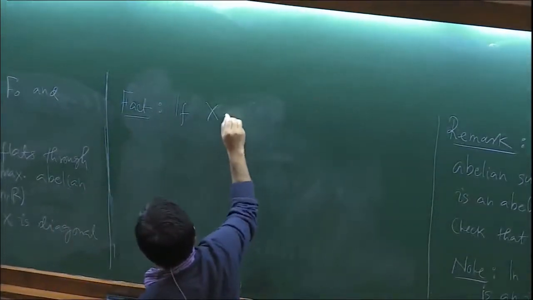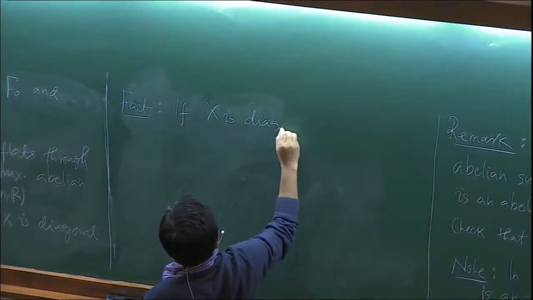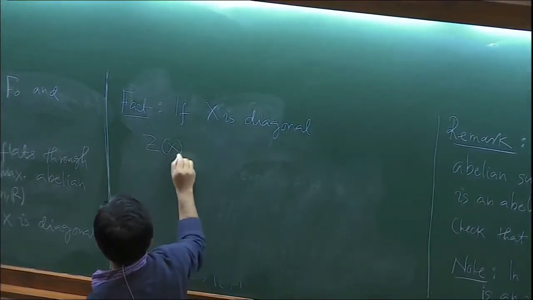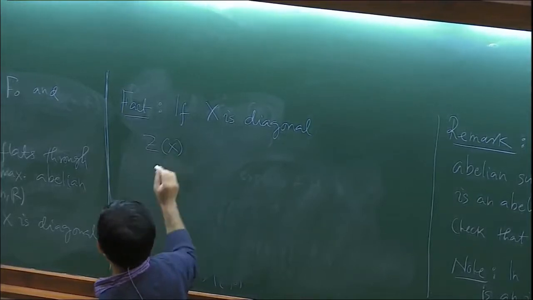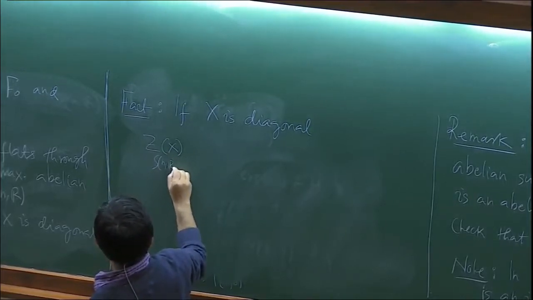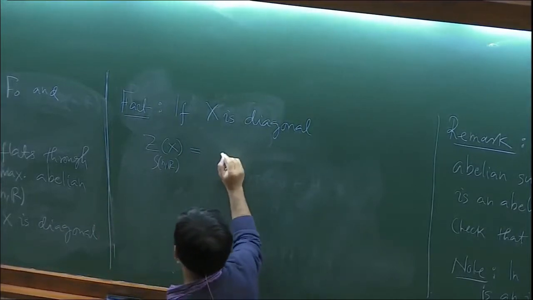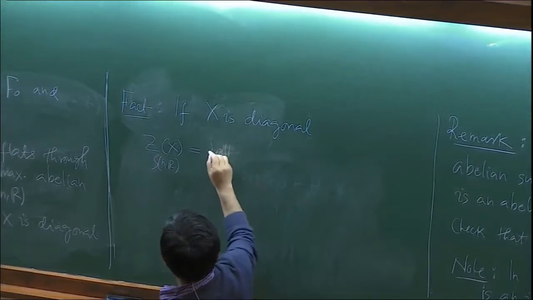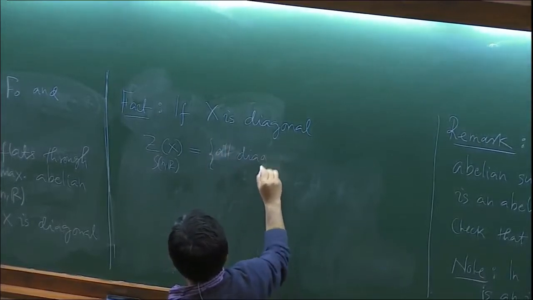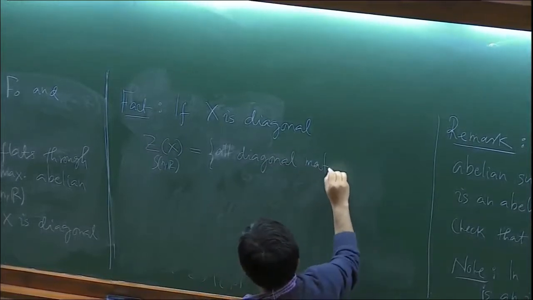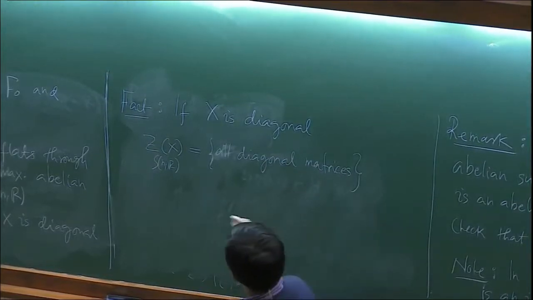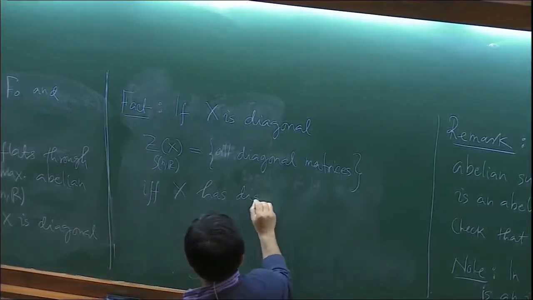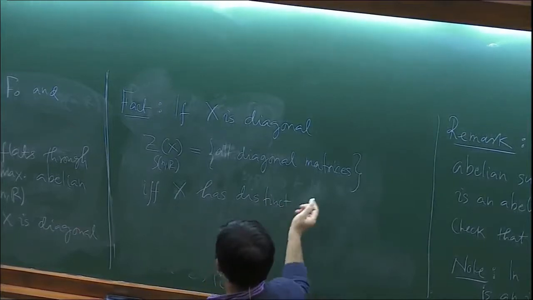If X is diagonal, then the centralizer of X, taken inside S in R, is equal to the full diagonal matrices, all diagonal matrices, if and only if X has N distinct eigenvalues.